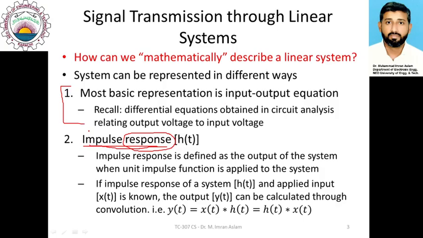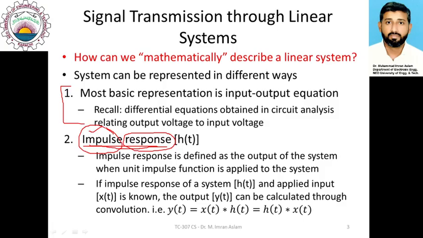So impulse response means the output of the system when you have applied an impulse function at the input. We discussed the impulse function in our previous lecture. If we apply an impulse function at the input side, you get a certain output, and that output is named the impulse response.